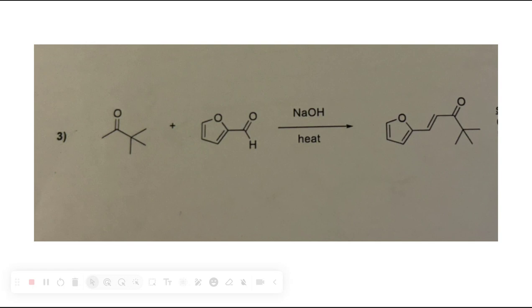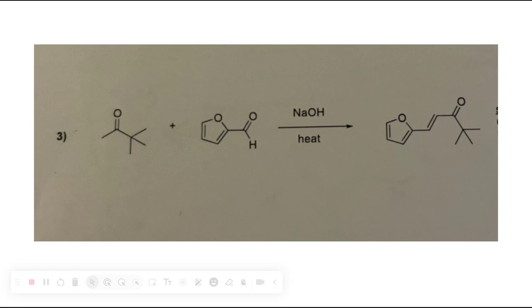So again, the aldehyde used here does not have that alpha carbon because it's attached to that ring with no protons. So the aldehyde cannot make an enolate because, as we know, an enolate is formed by removing that proton. Can't remove what's not there, right?